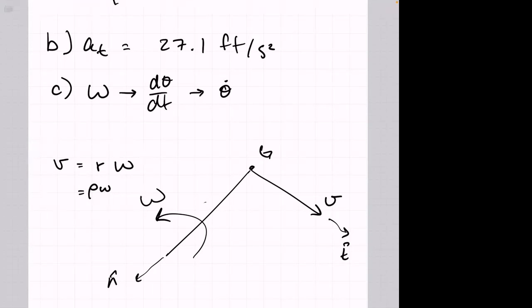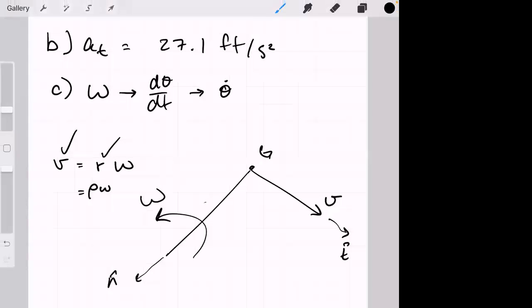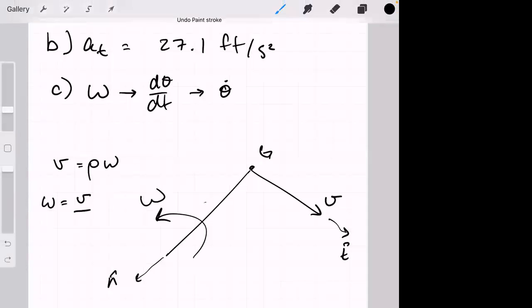So we know velocity and we now know rho because we just solved for rho. The one thing in this equation that we don't know is omega, because we know velocity and we know rho.